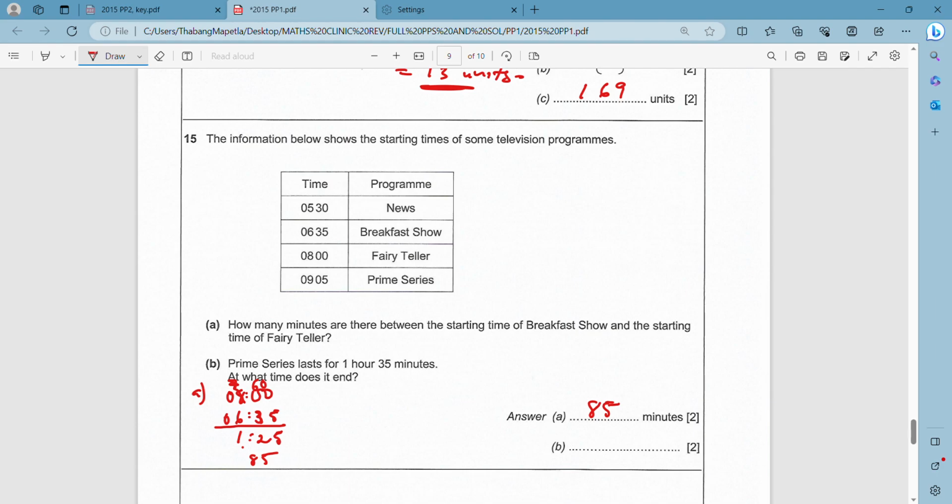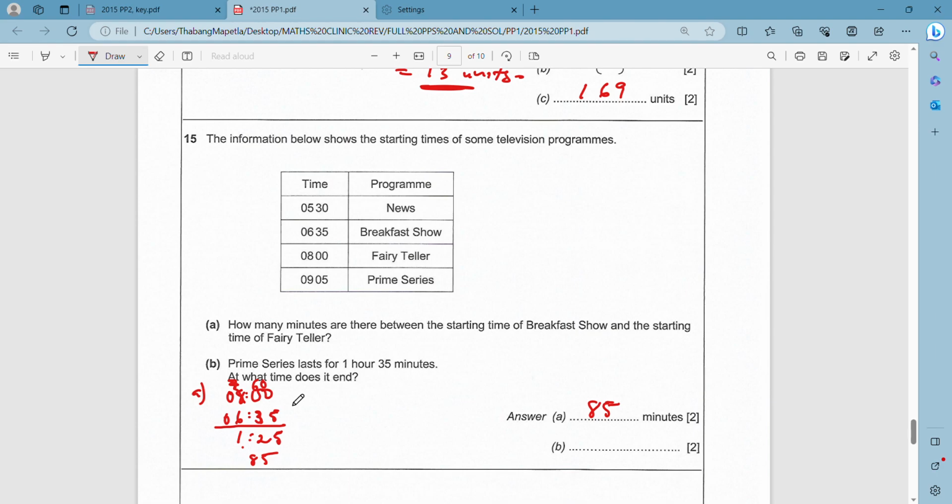Hey guys, this paper sounds all new. I'm just confirming on the calculator. 0800 minus 0635. Yeah, it's good, which is 85 minutes.